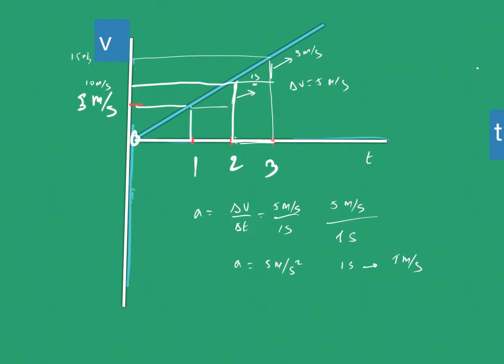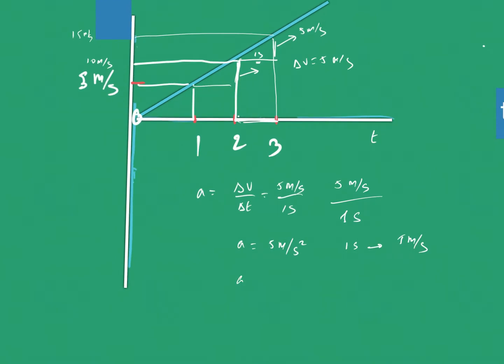And what does an acceleration of minus 5 meters per second squared mean? It means that in every second, the change in the velocity is negative, is minus 5 meters per second.